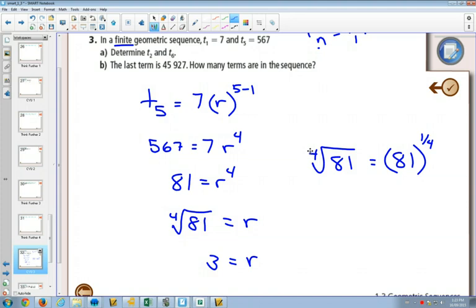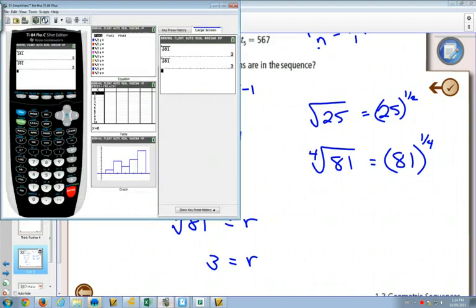A fourth root is the same as a fraction. Just like you remember, a square root of 25 is the same as 25 to the 1/2. Do you remember that now? So now another way I could do is I could do 81, and then above the divide sign is this power button.